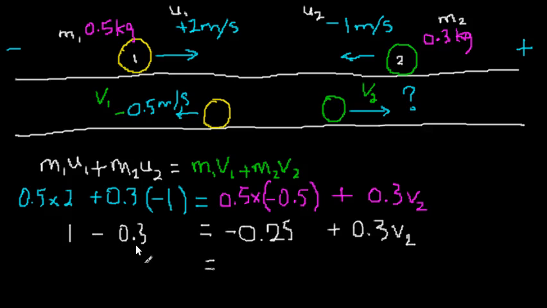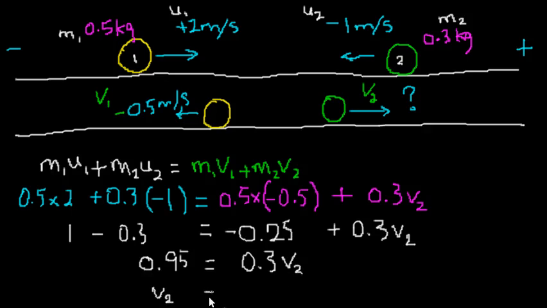Now I have 1 minus 0.3, which is 0.7. That can move over to the other side: 0.7 plus 0.25 is 0.95. On the right side I have 0.3 v2. So therefore, I can find the final answer.